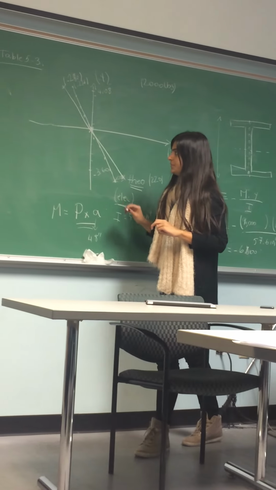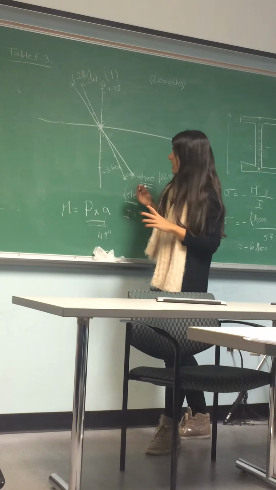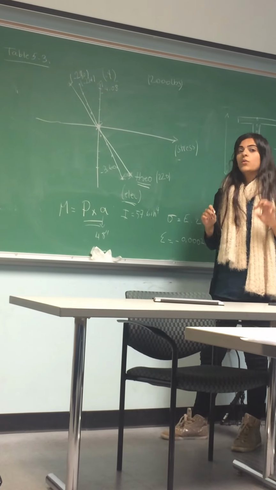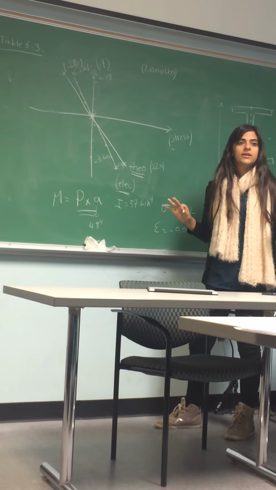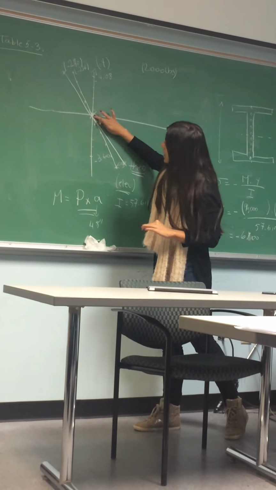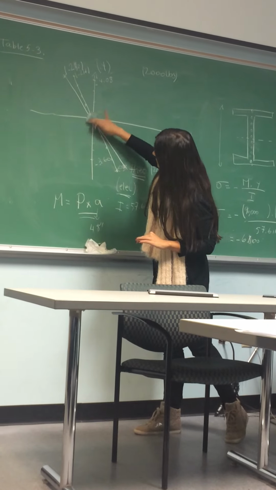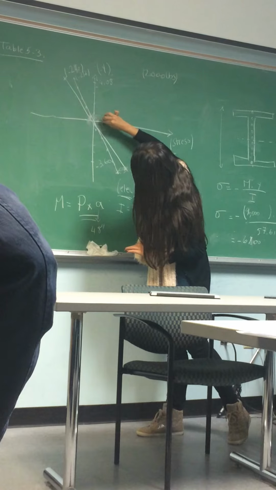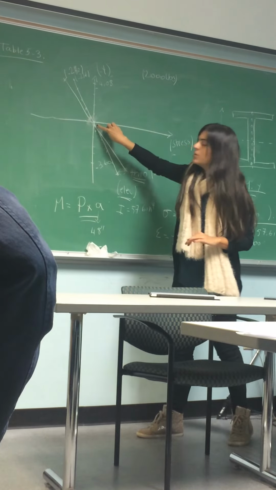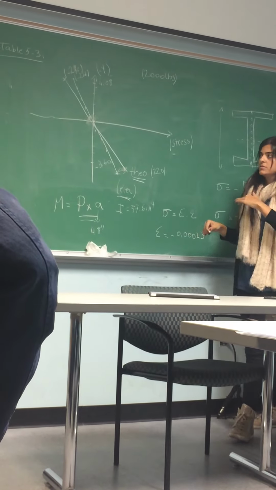And the second reason, and you can find this in your lab manuals, is to check where your neutral axis is located experimentally, not theoretically. Because theoretically, we know that it's at 4 inches, okay?